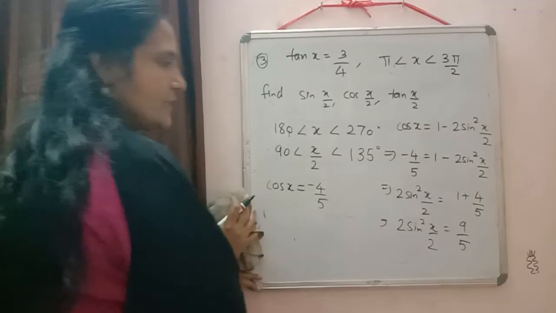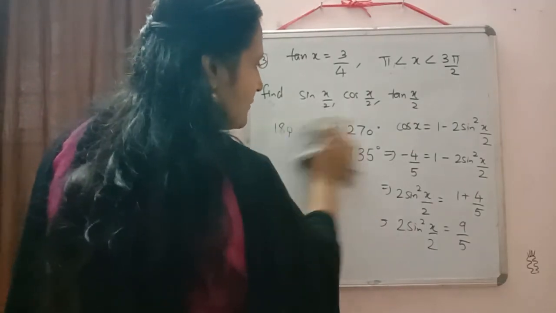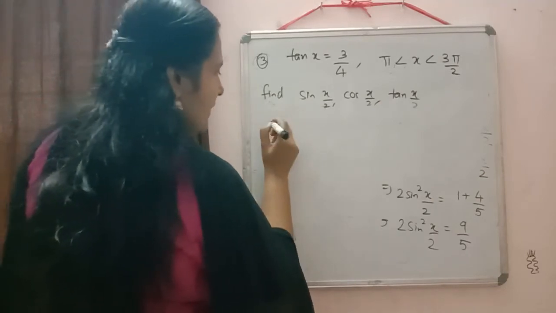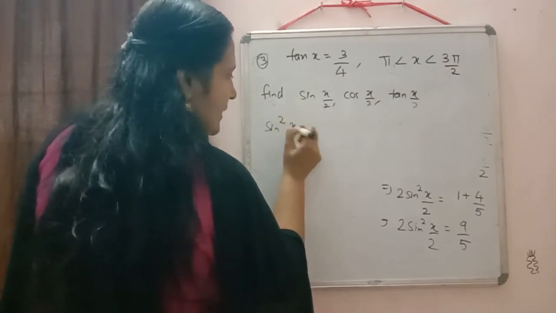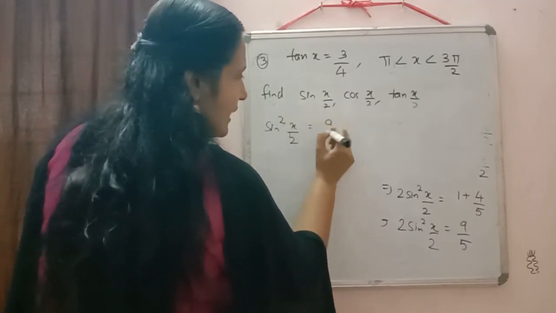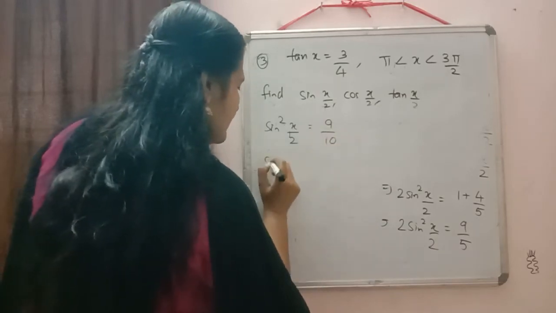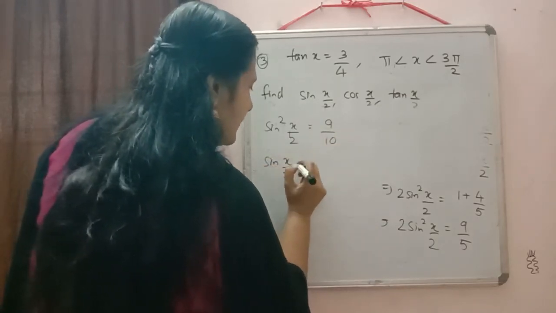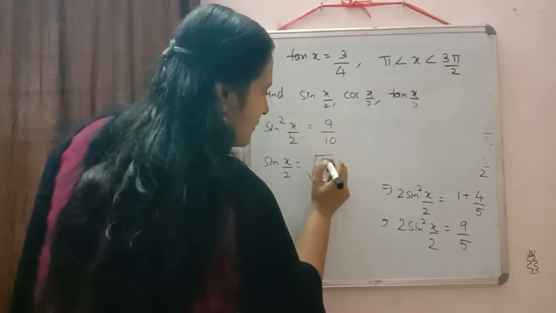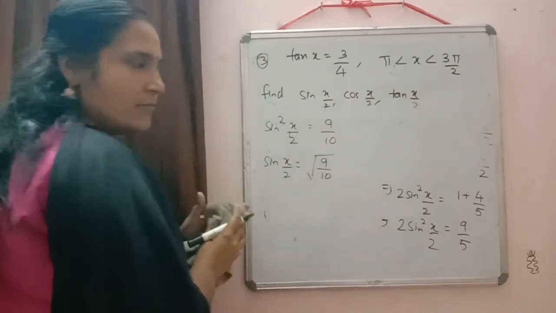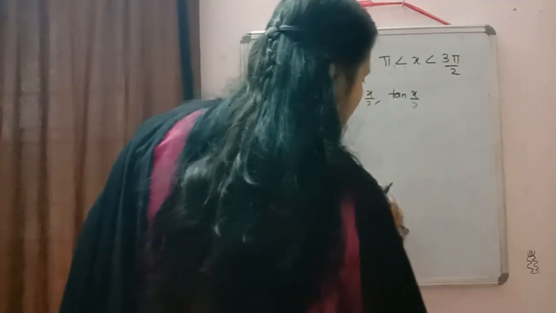Then 2 we can shift there. Then it will be equal to sin square x by 2. Sin square x by 2 is equal to 9 by 10. Then sin x by 2 will be equal to square root of 9 by 10. What is square root of 9? 3.